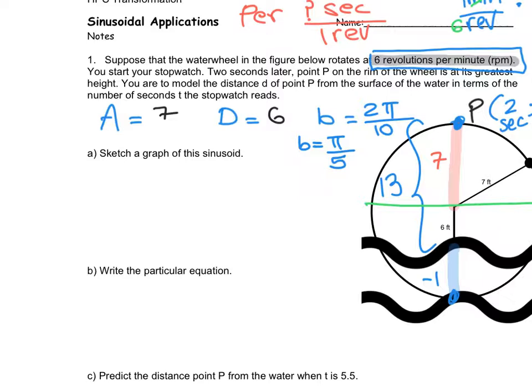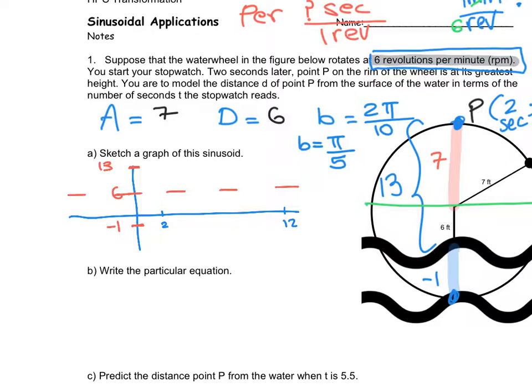Okay, so let's start. If the midline is at 6, so let's say that this is 6. It goes all the way up to 13. Let's say this is 13. And all the way down to -1. It starts at 2, go all the way to 12. Okay? Now, for me to sketch a clear graph, I need to find all the points I need between 2 and 12.